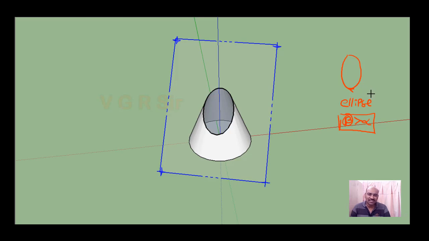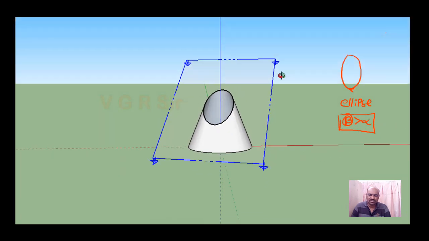So here what is alpha? Alpha is the semi-vertical angle of the cone. Observe students, so I want to close it.